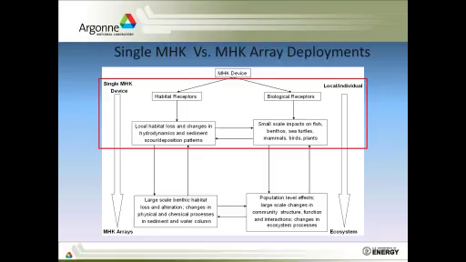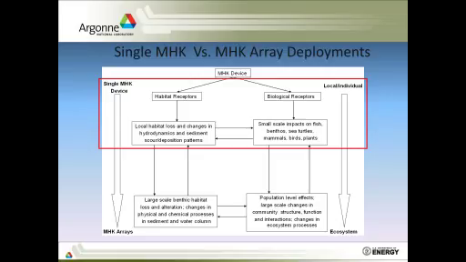So you see here, for the case of a single MHK device, you can expect that most of the impacts are going to be relatively localized. So localized impacts within the footprint of the device, some localized hydrodynamic changes, and then in turn some localized or individual-level impacts to the biota.